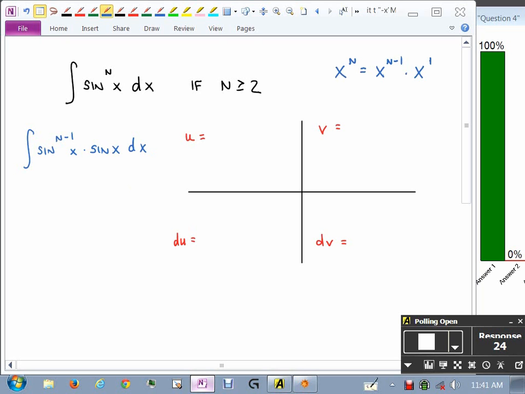Yes, because you add the exponents, right? n minus 1 plus 1 would give you n. So what I've done is I've taken sine to the n power and rewritten it as sine to the n minus 1 power times sine to the first power. That's correct, as long as n is bigger than 2 or higher, right? This will work. I mean, it would also work for 1 or higher.